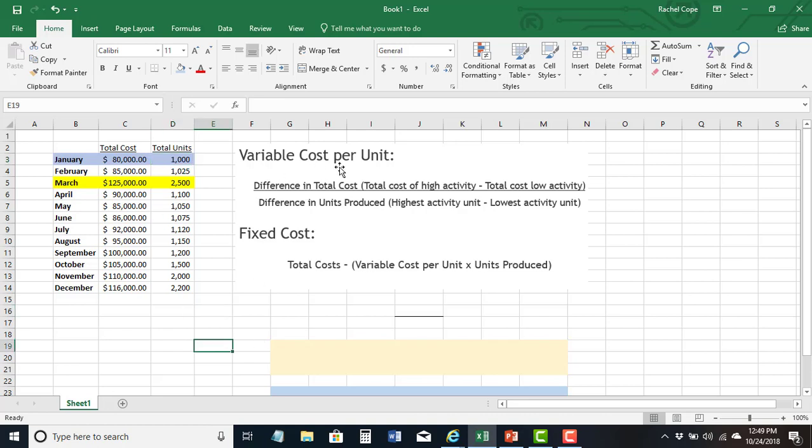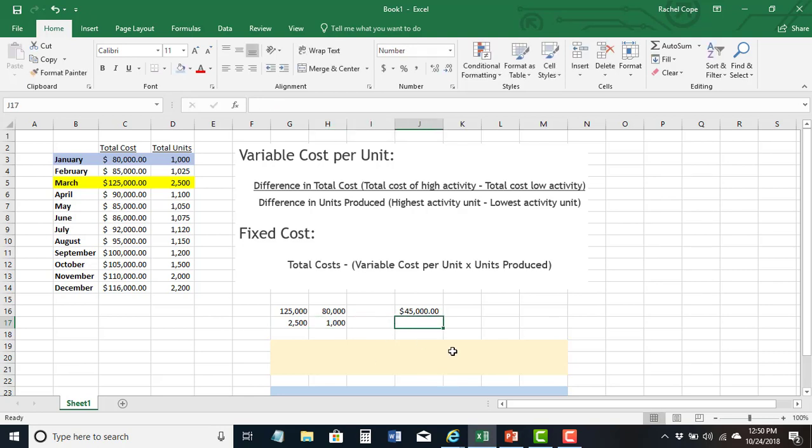So to figure out our variable cost per unit, we are going to take our highest cost and subtract out our lowest cost. So highest activity cost, lowest activity cost. It's going to give us the difference between 125,000 and 80,000. And then we're going to do the same thing for the units at each level. So at the highest level, we had 2,500 units, and the lowest level, we had 1,000 units.